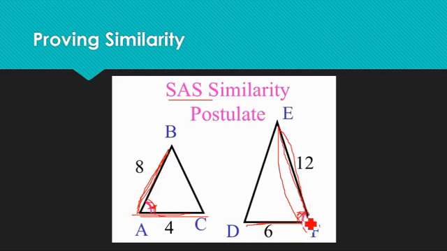So angle A is congruent to angle F. What the side angle side similarity postulate states is that if I have a pair of corresponding angles, and the sides including them, which means the sides that make up those two angles, so in this case AB is corresponding to EF.